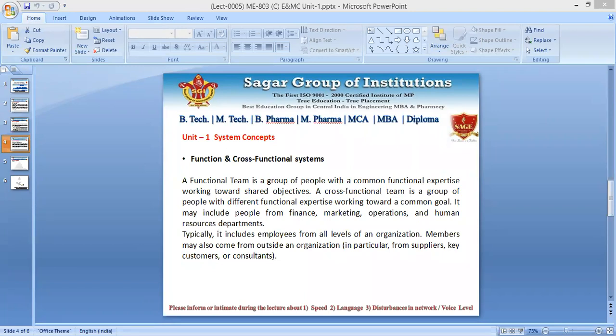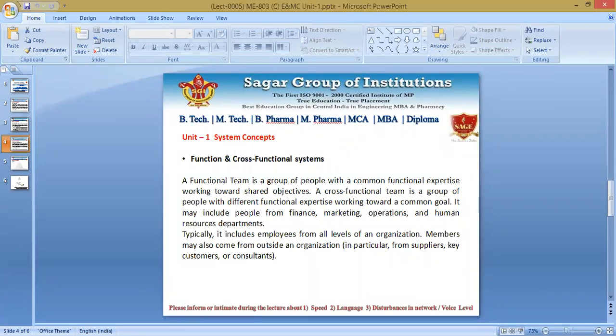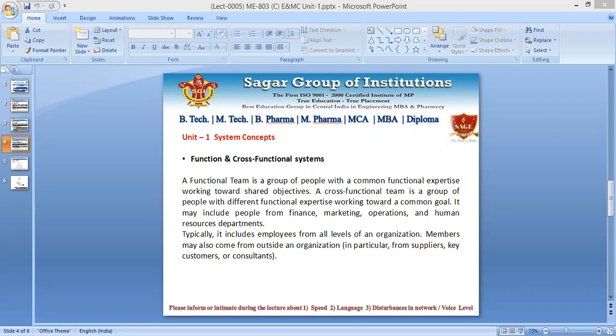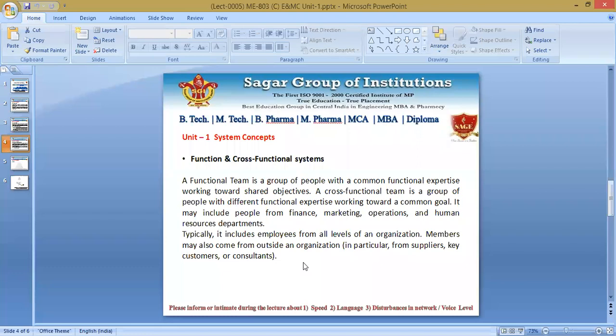Cross-functional teams often function as self-directed teams which are assigned to a specific task and which call for input and expertise, also from outside the organization, as I told you earlier.